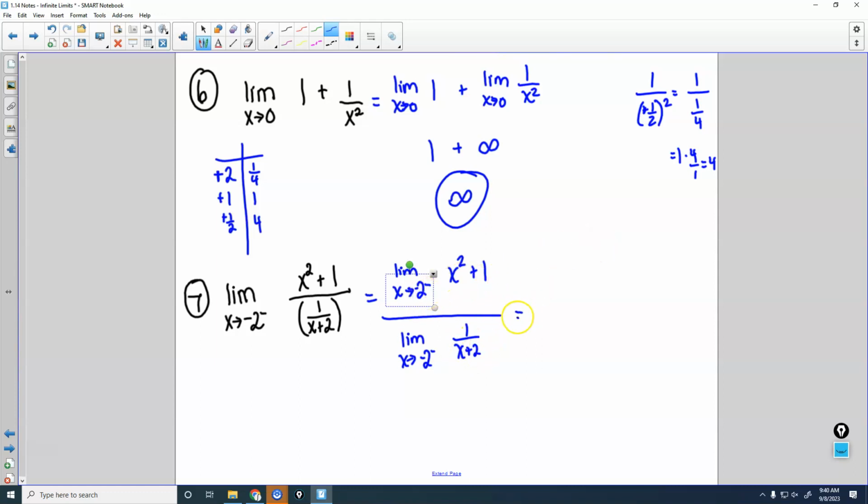So for the top, you could just do direct substitution. -2 squared plus 1 is going to give you 4 plus 1, and you'll get 5. Okay. The bottom, if you try to do direct substitution, you're going to get 1 over 0, which tells you that limit does not exist.